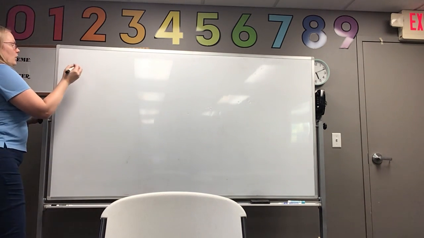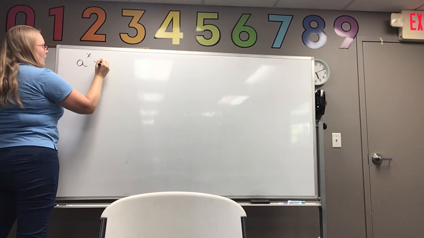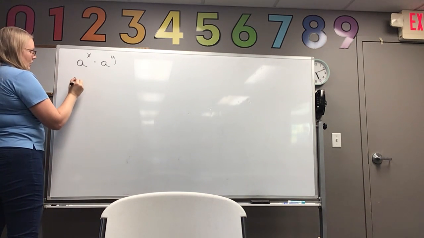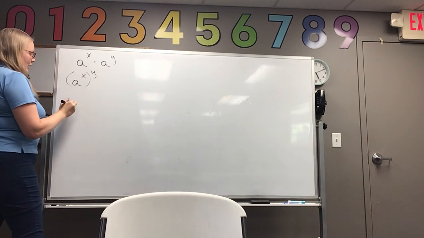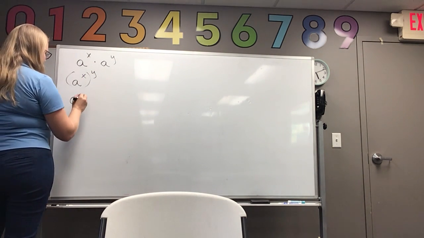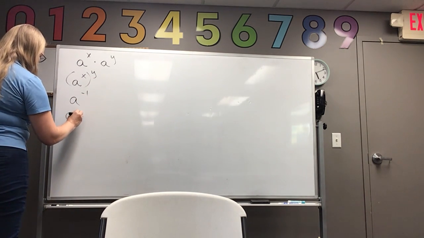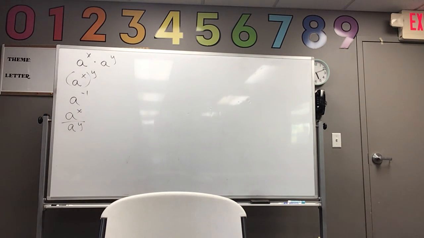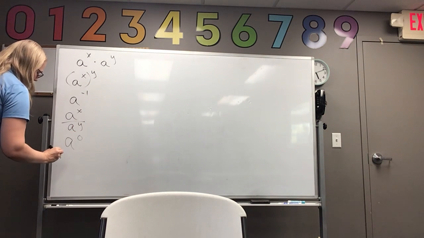So you were taught: if I have a to the x times a to the y, a to the x to the y, a to the negative 1, a to the x over a to the y, a to the 0.